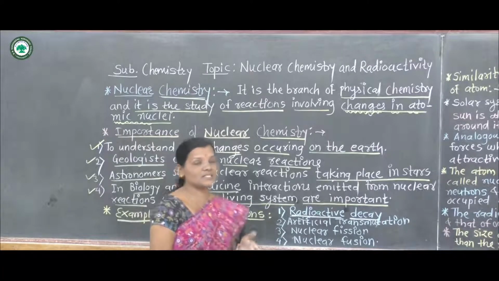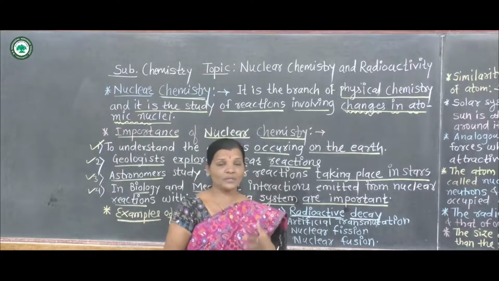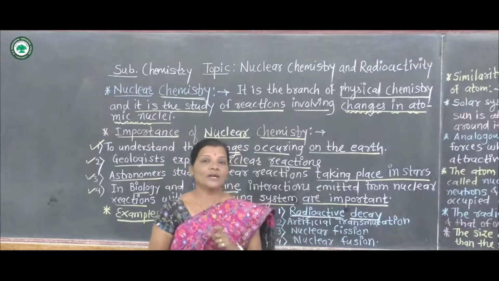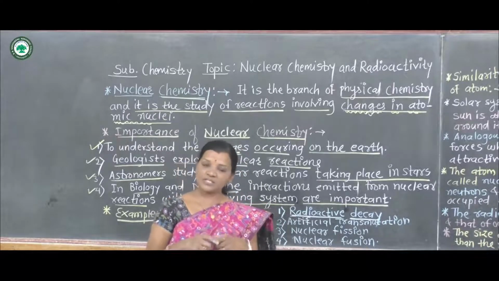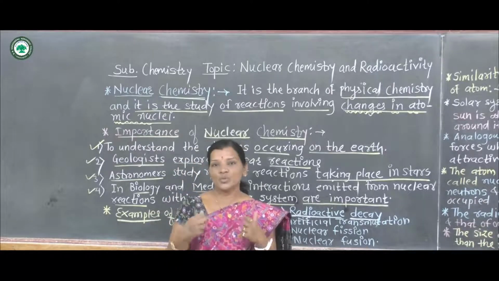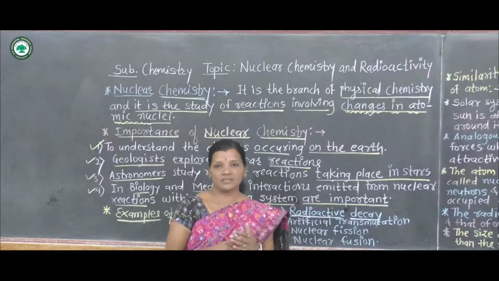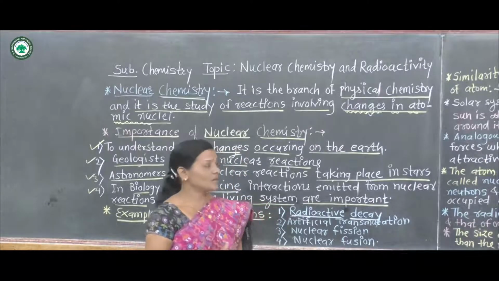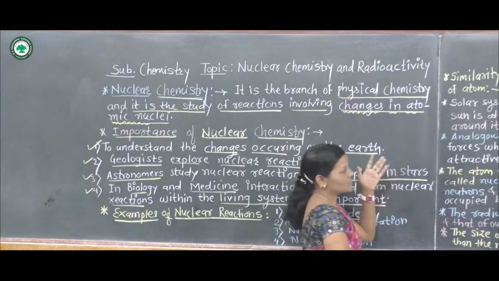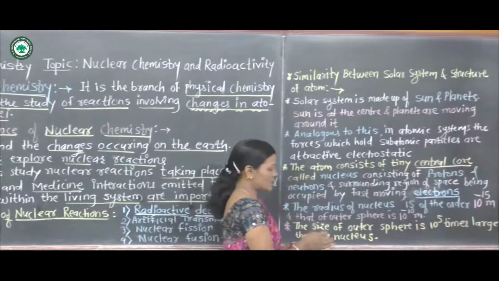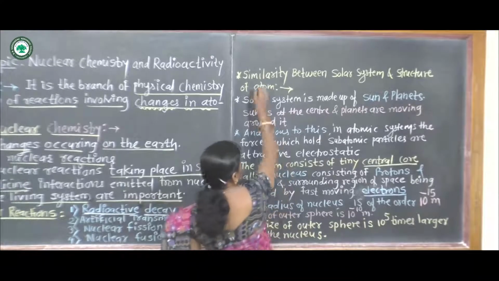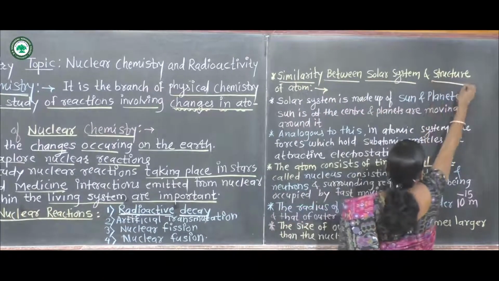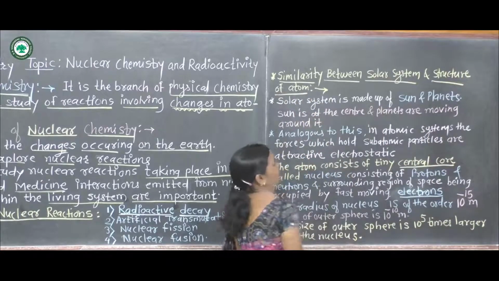Now, because nuclear chemistry is related with the study of the atomic nucleus, we know that the solar system is similar to the atomic structure. Let us study the similarity between the solar system and the structure of an atom.